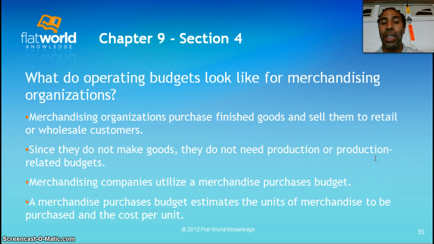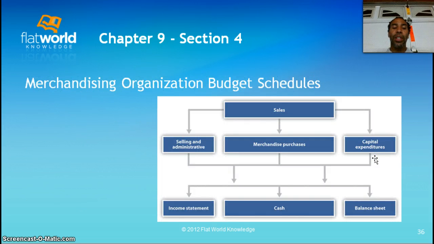So merchandising companies utilize a merchandise purchases budget. The merchandise purchases budget estimates the units of merchandise to be purchased and then the cost per unit. So this is how it looks: a merchandising organization's budget schedule looks just like the one that we went through for manufacturing. Sales drives all of the budget.